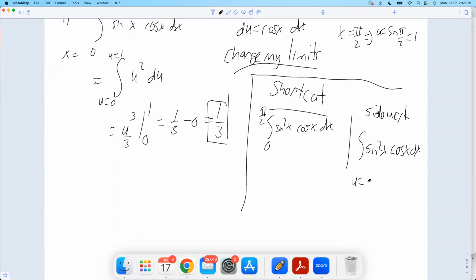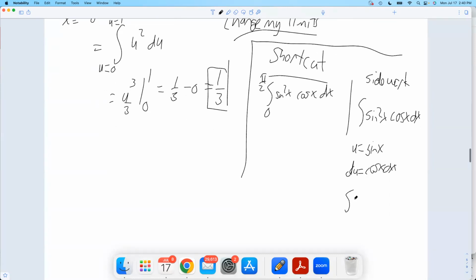It's a lot of the same work here. u is sine of x. du is cos of x dx. Then that guy's antiderivative will be the antiderivative of u squared du. There's du. There's u squared. That'll be u cubed over 3 plus c.